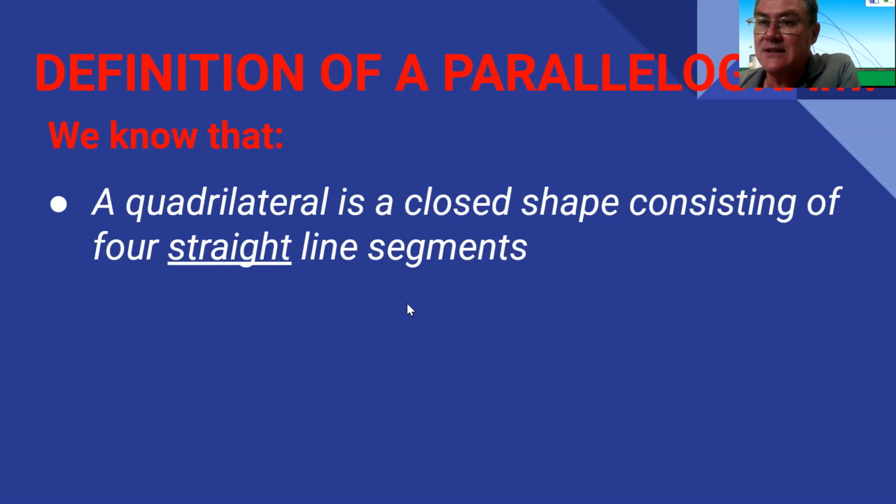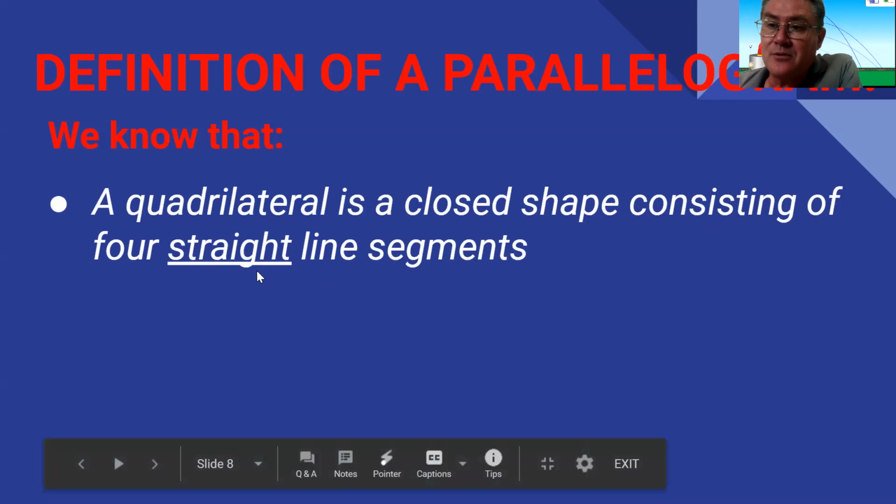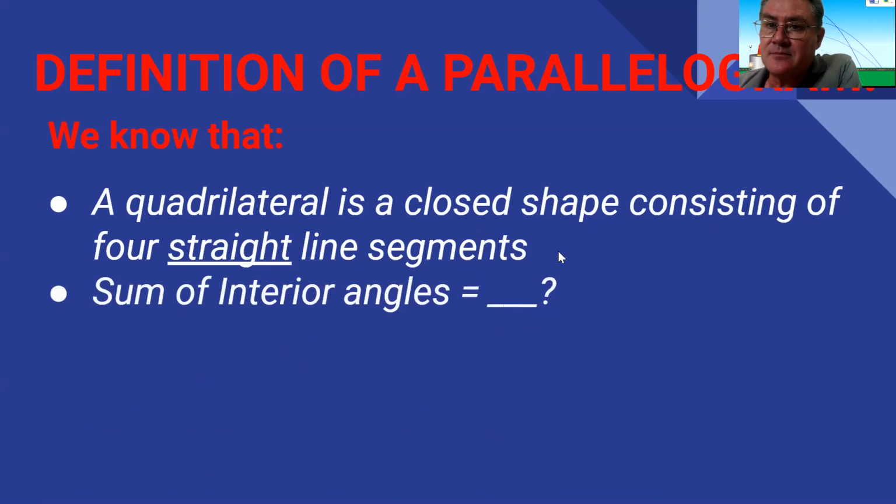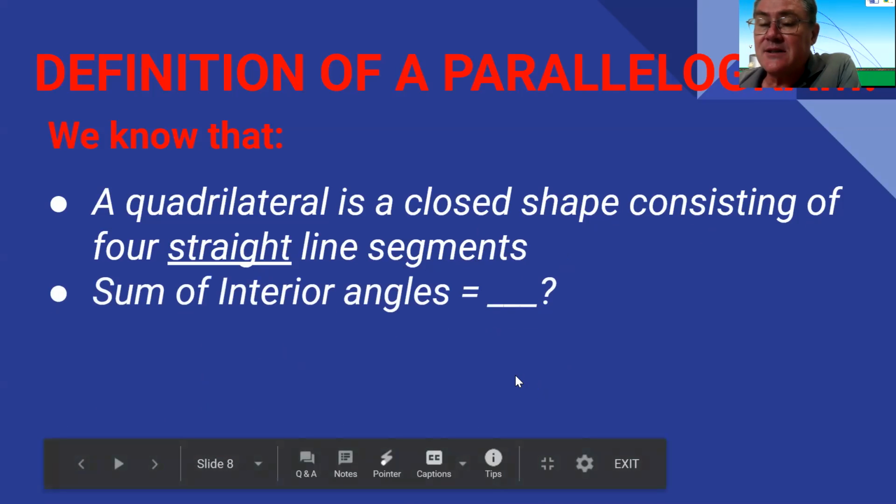Not lines, line segments. And important, they are straight. And question, what is the sum of the interior angles of a quadrilateral, of any quadrilateral? The sum, the total of the angles are, who can tell me? 4 times 90 equals, correct, 360.